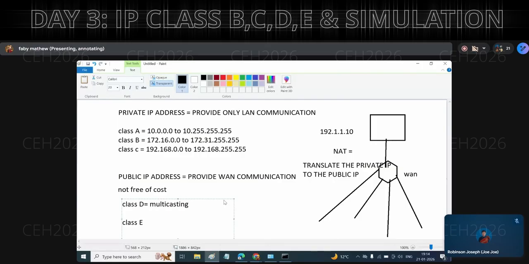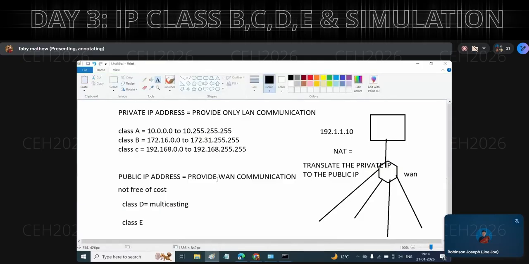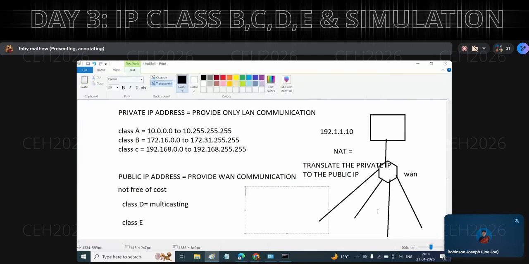Do you know what multicasting is? Yes, sir. Tell me. Multicasting means from one device to many devices. Multicast is a form of many to many, right? Many to many.